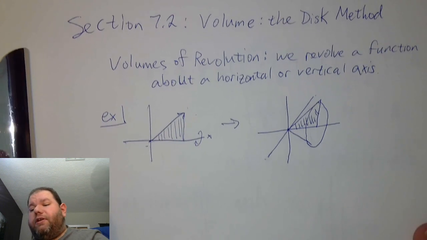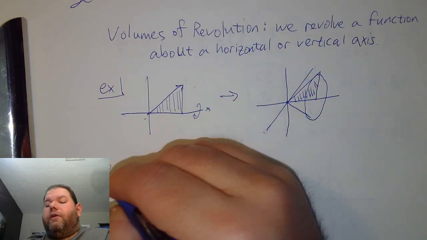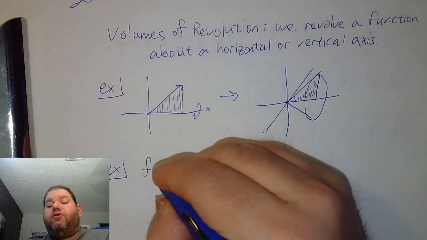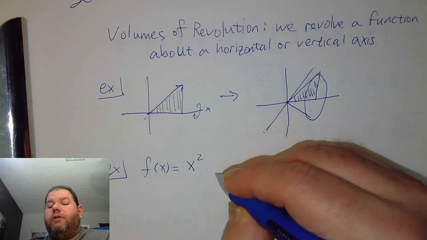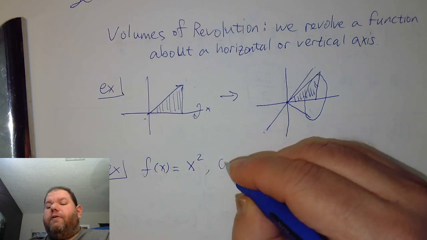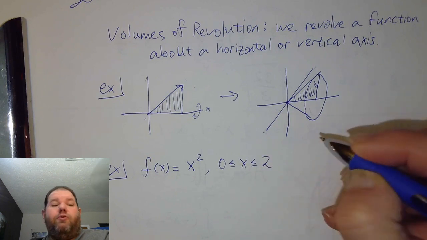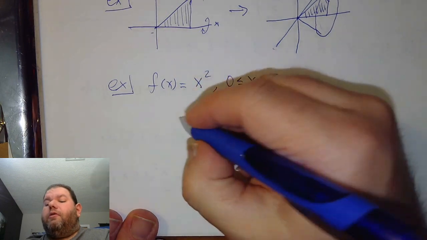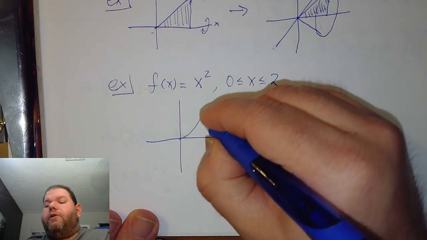What we're interested in, for example, is if we have a function such as f of x equals x squared from 0 to, let's say, 2. We know the graph of x squared is a parabola.